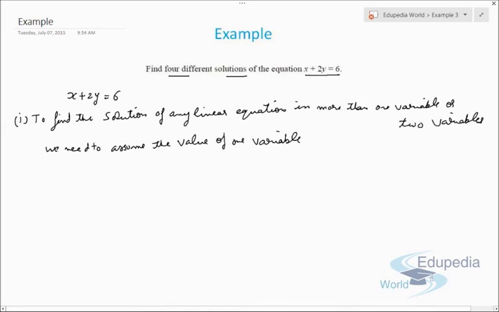Means, suppose in this equation x plus 2y equals 6, we need to assume the value of whether x or y.